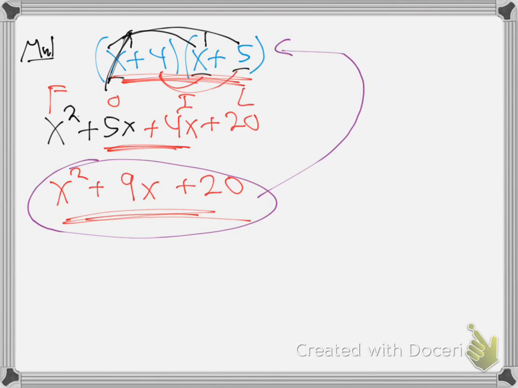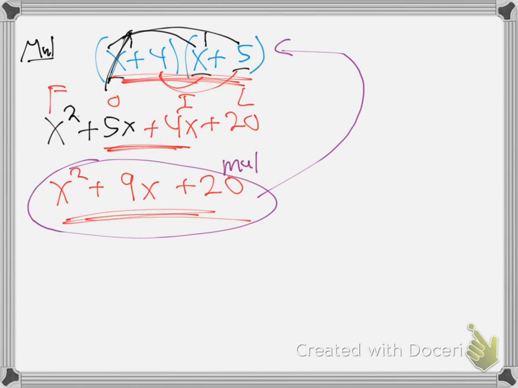So how would you start with this, after it was multiplied, and go backwards to what it was before? How would you look at x squared, 9x, and 20, and realize it was x plus 4, x plus 5, if you hadn't just done it? You find numbers that multiply and then add.